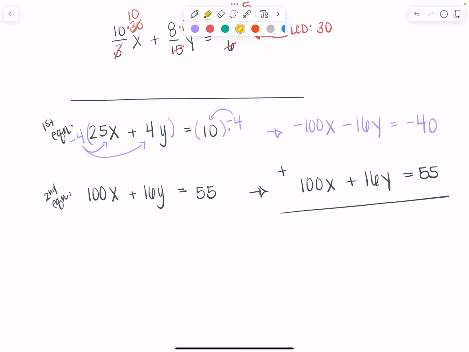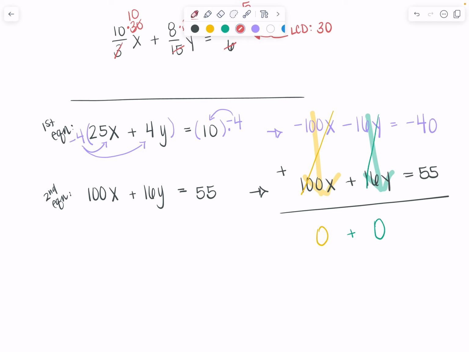So I can add -100 plus 100. Those are going to cancel and give me 0. Going down the next column, negative 16y plus 16y is going to give me 0. They'll cancel.